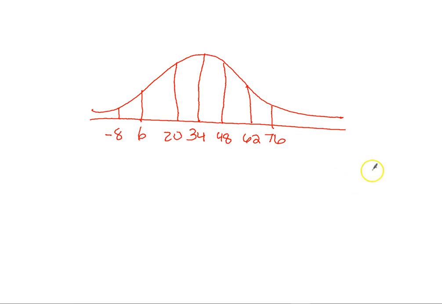Okay. Shade the region that is less than $20. So less than $20 would be here. And you shade that region, which would be down here. And we talk about this by area.